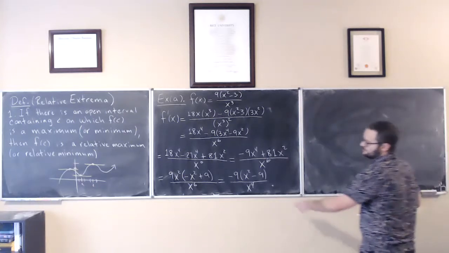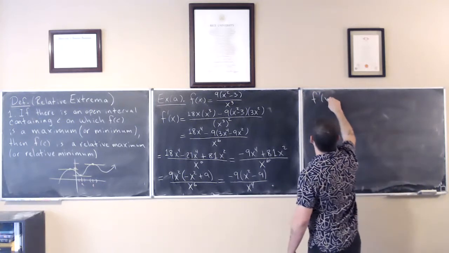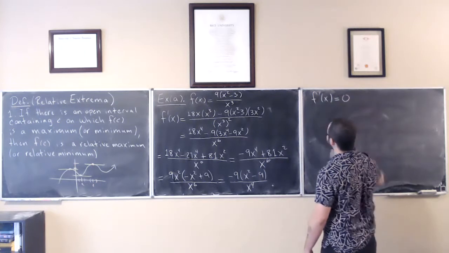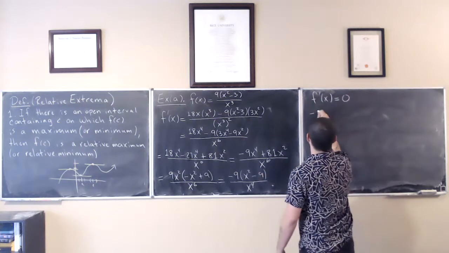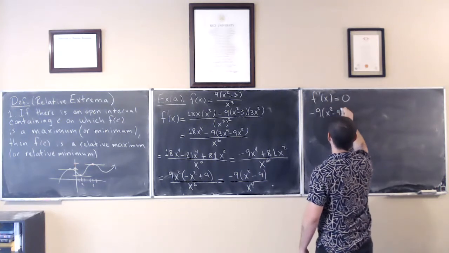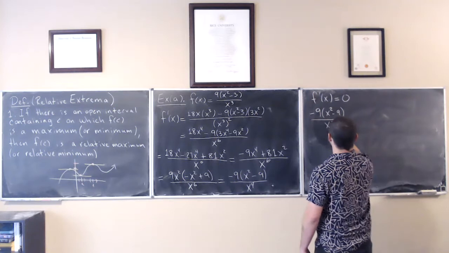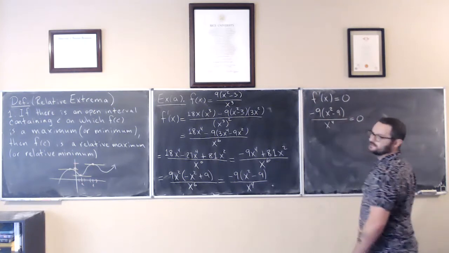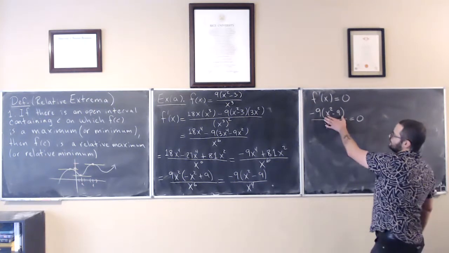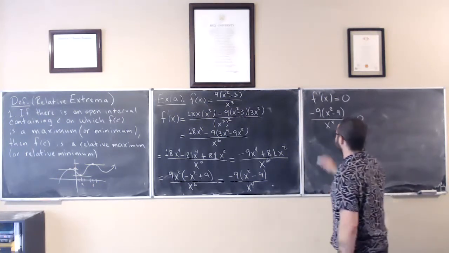So now we just need to set that equal to 0. So f prime of x equals 0 is the same thing as saying minus 9 times x squared minus 9 over x to the power 4 equals 0. So when is that equal to 0? Well, it's when the numerator is equal to 0, right?